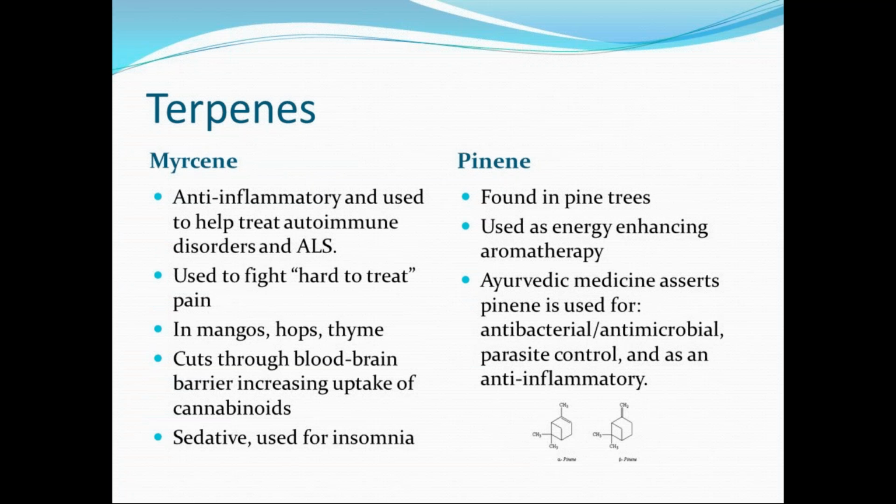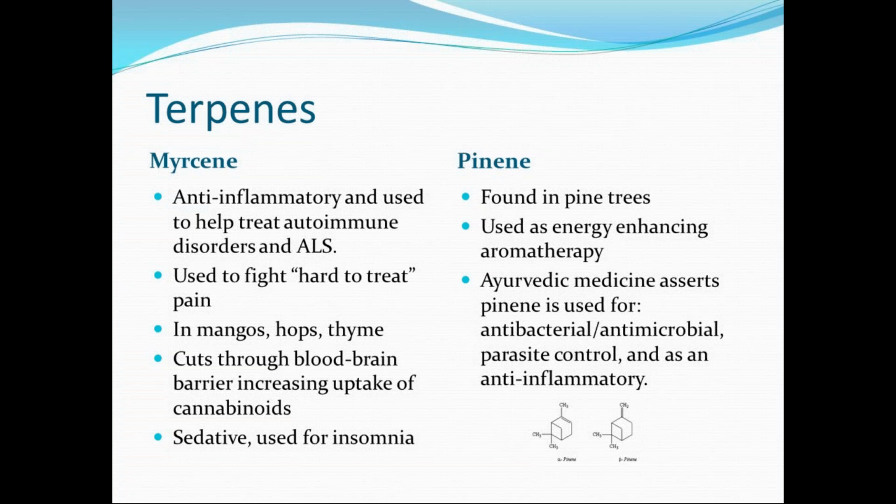Myrcene is my other favorite terpene because it is also highly anti-inflammatory. It's used in autoimmune disorders and ALS. It's used to fight hard-to-treat pain. So if you have incredibly hard-to-treat pain, you want to definitely get some myrcene in there. And if you don't know if your strains have myrcene, it's also found in mangoes, hops, and thyme.